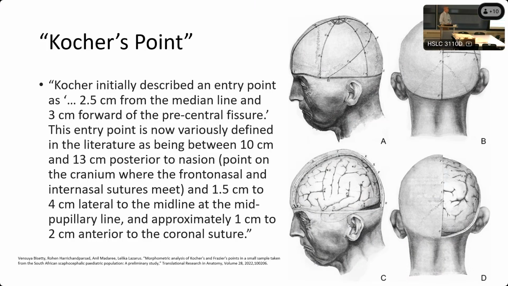And so people will say anywhere between 10 and 13 centimeters posterior to the nasion. You'll hear 1.5 all the way to 4 centimeters lateral to the midline. And people will say at the mid-pupillary point. And then approximately, I've heard on the coronal suture, half a centimeter anterior to the coronal suture. This one mentions 1 to 2 centimeters anterior to the coronal suture.